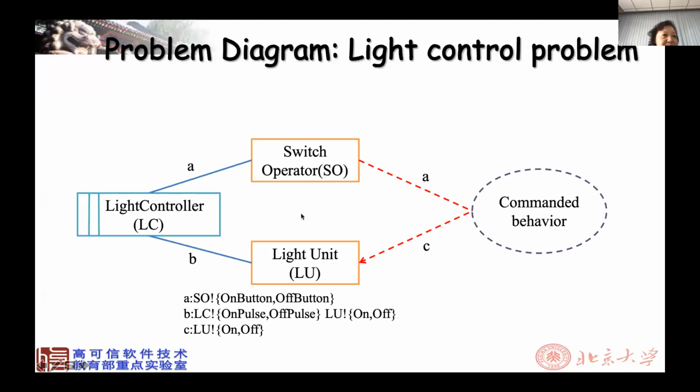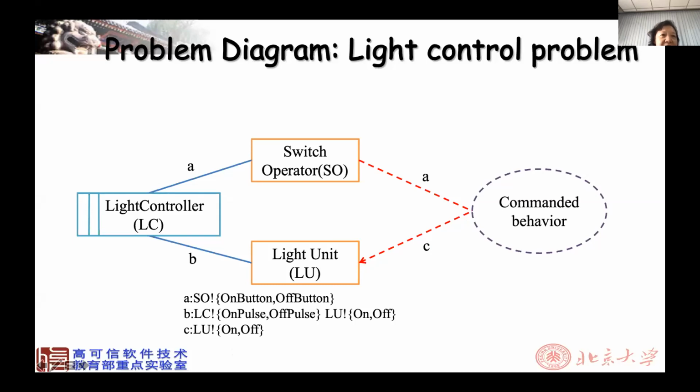For the interface, we still have A. A means the operator pushes the on button or the off button. This A is the same phenomenon, same interface, and the B is also unchanged. And the C, the requirement constraint, can capture the state of the light unit.